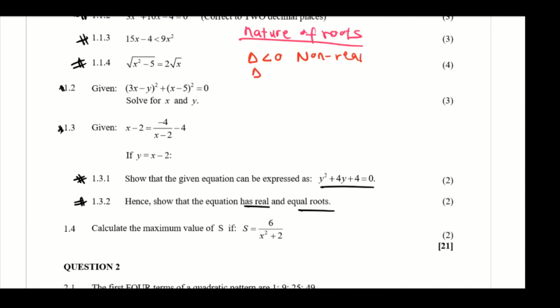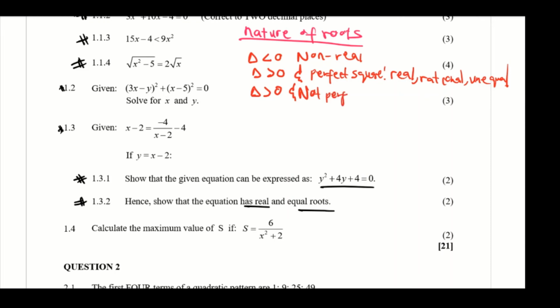If you have a discriminant that is greater than 0 and is a perfect square, then you know your roots are real, rational, and unequal. If you have a discriminant that is greater than 0 and it is not a perfect square, then your roots are real, irrational, and unequal.